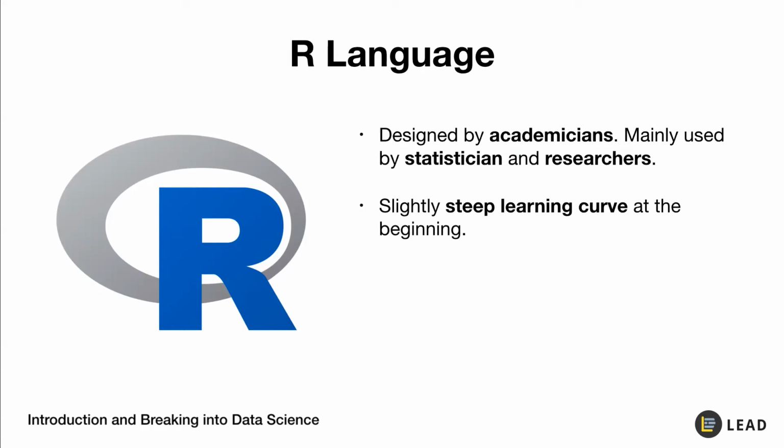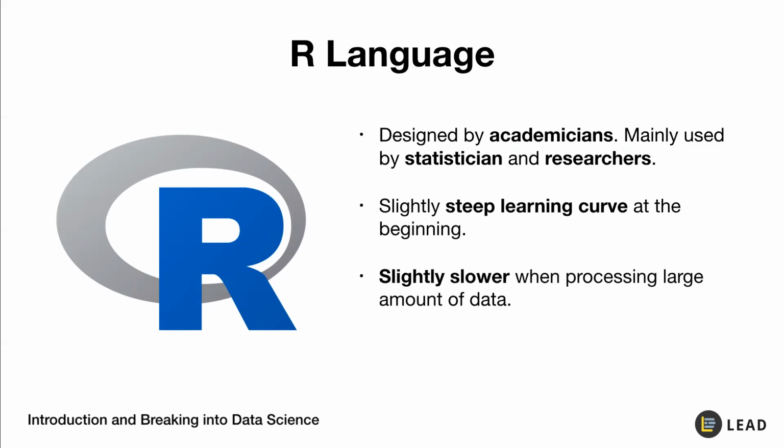A lot of my students, before they come to our classes, also say that you just need to wrap your head around some of the concepts because the notation is different. You also find that R is slightly slower when used to process a large amount of data.